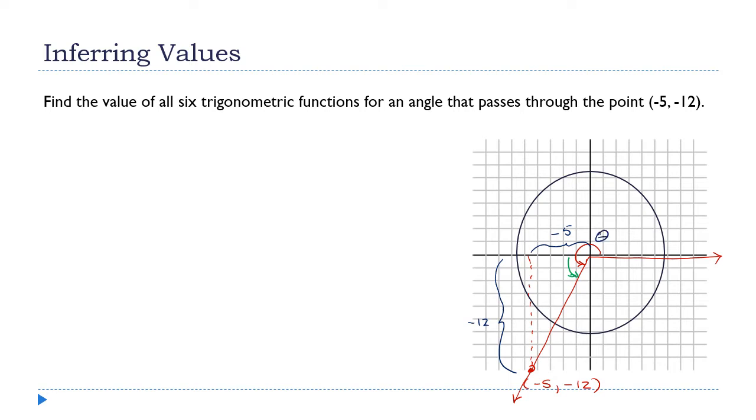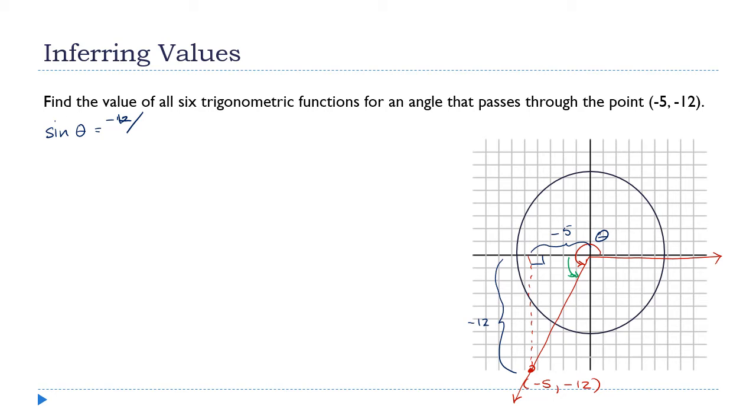Then I know that the sine of theta is the opposite over the hypotenuse. So that's going to be -12 divided by the hypotenuse. What's the hypotenuse of this thing? Well, this is a right triangle, and its sides are 5 and 12, so let's just use the Pythagorean theorem.